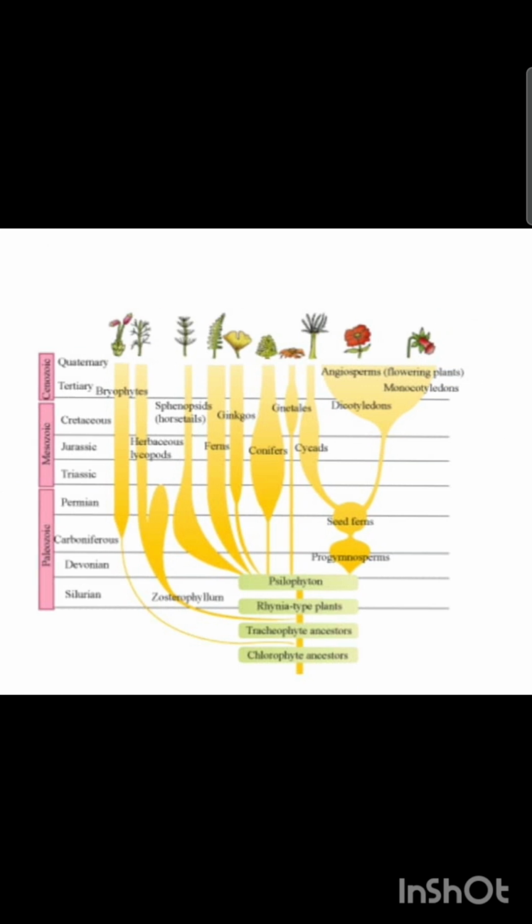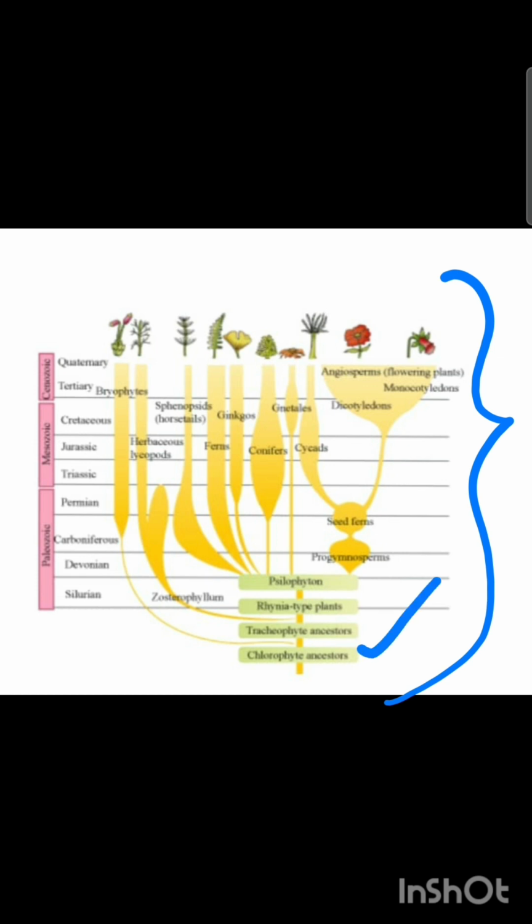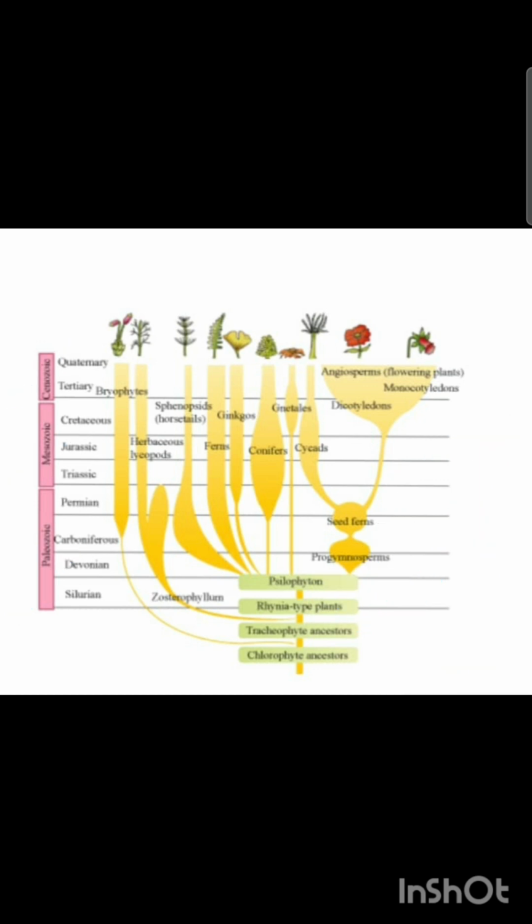This diagram shows the evolutionary trend, how the seed-bearing plants evolved from seedless plants with a chlorophyte ancestor, then from chlorophyte to tracheophyte, then rhynia type of pteridophyte, then xylophyton, and from them progymnosperm, then seed ferns appeared. So how these plants appeared and evolved during the Paleozoic, Mesozoic and Cenozoic era.